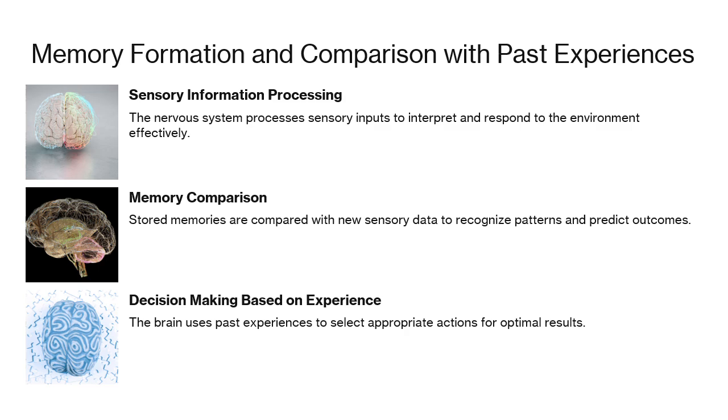When we're talking about the memory comparison, we've got these stored memories, and we can compare the memories that are already there to the new data that comes in to look for those patterns and predict those outcomes. This gives us a little more experience, a little more background for those decision makings. It's not just a random guess.